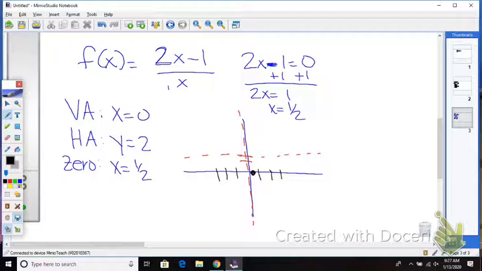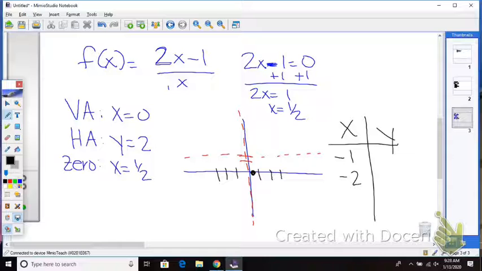So this one, we've got to find two points. You can use the x-intercept as one of the 2 points on either side. So if I'm going to make my XY chart, let's look on the left side of my vertical asymptote. What 2 numbers would you pick on the left side? Negative 1 and negative 2.